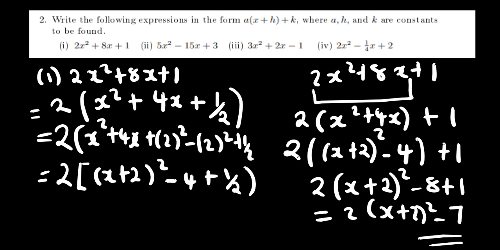So that would be a 4 plus my half this side. Then what am I going to have now? When I do that, I'm going to add negative 4 plus 1 over 2. If I want, I can change this negative 4 to be negative 8 over 2. It's just the same, right?